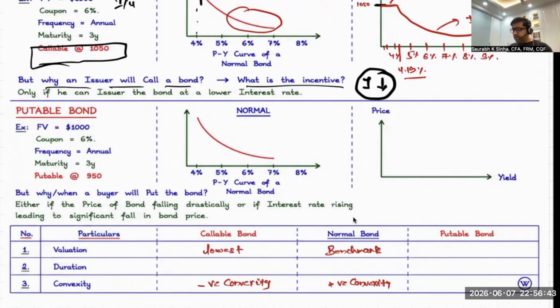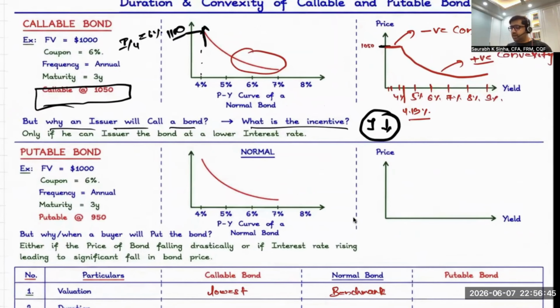What is happening to the duration? See, this is flat. So if interest rate starts falling, the duration will not be rising. We discussed that duration is the slope of the price yield curve when we talk about the normal bond, and the steepness increases as the interest rate decreases.